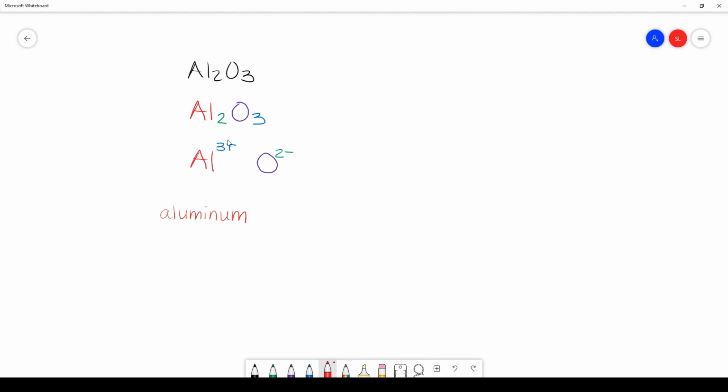I do not include a Roman numeral with a 3 because aluminum is always a 3+ when it's an ion. It is never anything else. You only include the variable charges as Roman numerals in parentheses. So I just leave this as aluminum. It's not more right if you add the 3. It's actually wrong, so don't add it. Cation name is aluminum. Anion name is oxide. So the name of Al2O3 is aluminum oxide.